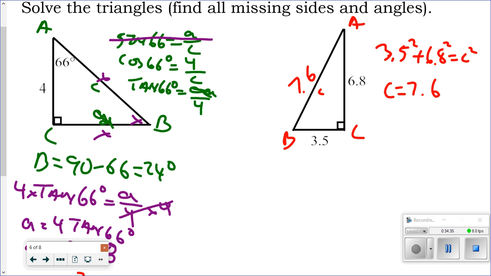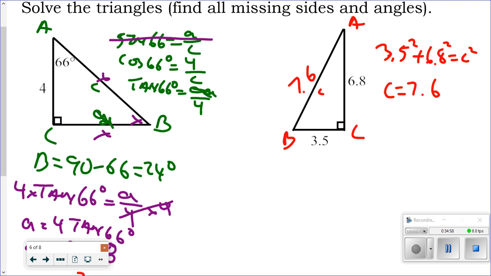Of the 3 trig functions that we have, the sine, the cosine, and the tangent, which one does not use the hypotenuse? Which one does not have a hippie? The sine, cosine, or tangent? Tangent. So you want to set up a tangent ratio.